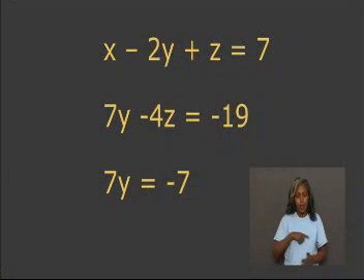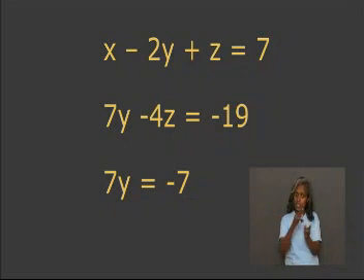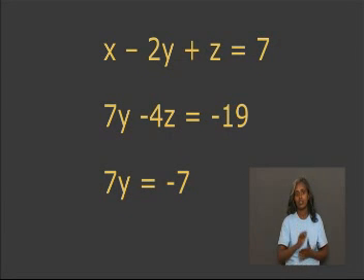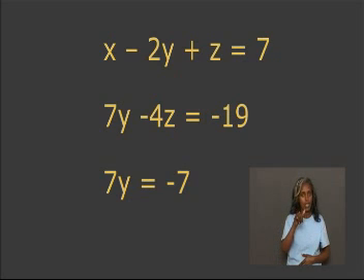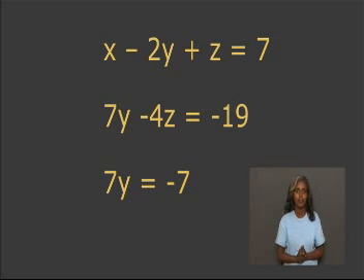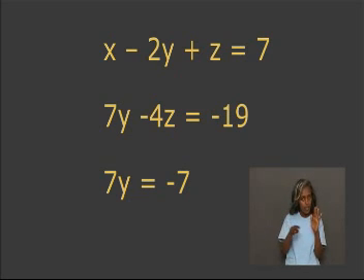Our last matrix corresponds to this system of equations. x minus 2y plus z equals 7. 7y minus 4z equals -19. 7y equals -7.